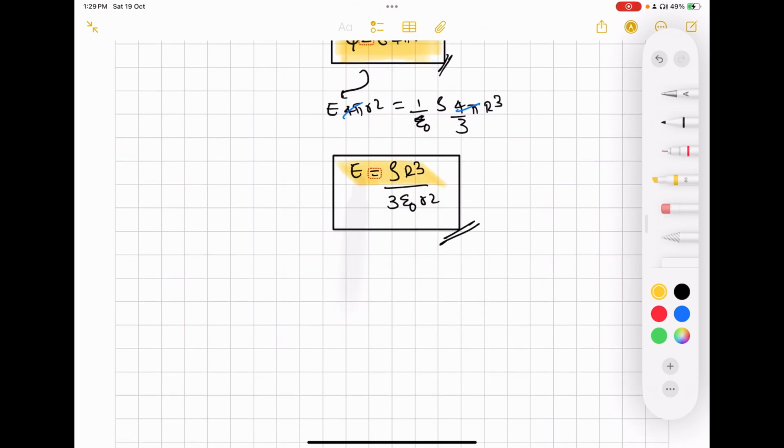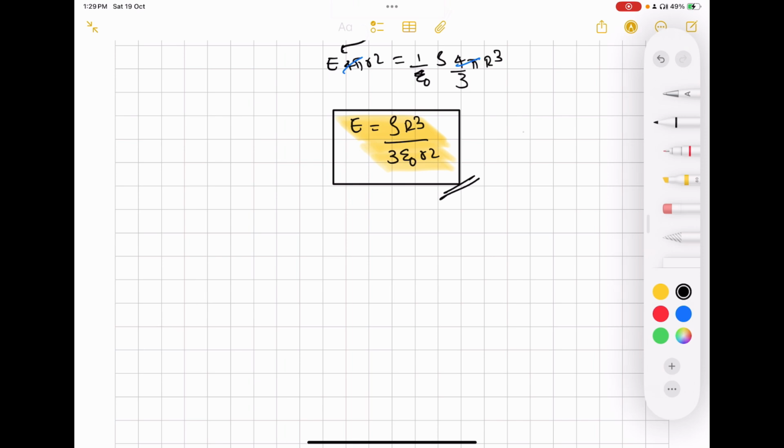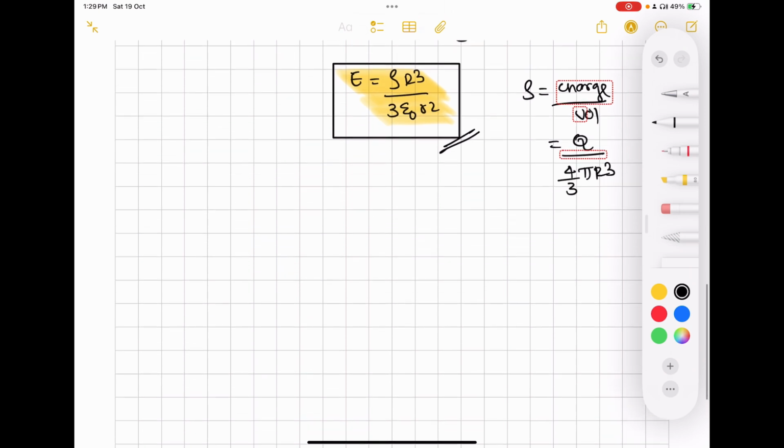And we have rho equal to total charge per volume, that is Q divided by 4 by 3 pi R cube. So we can substitute rho here.